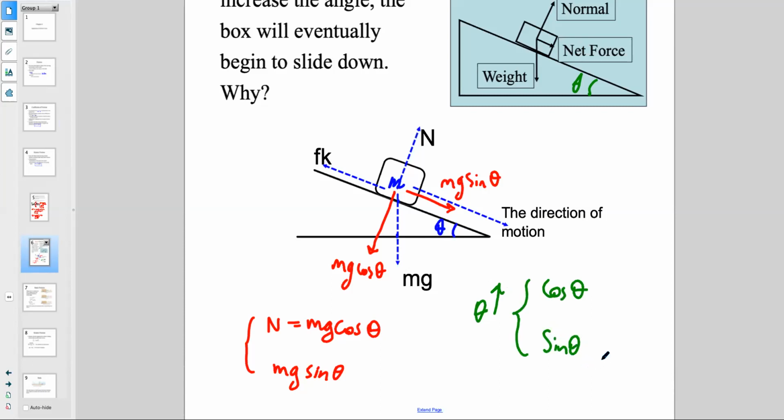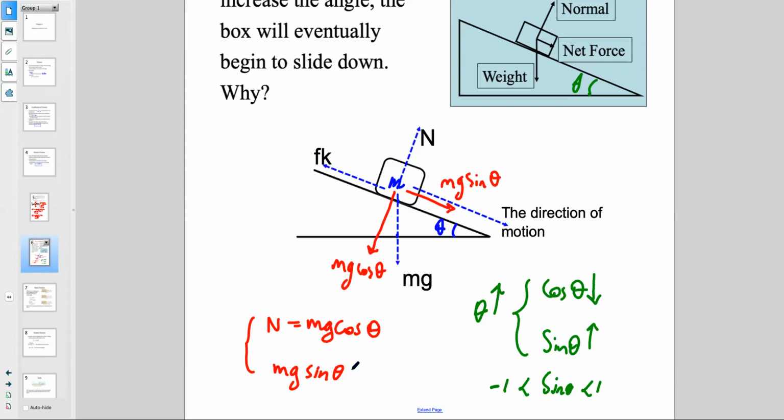When theta is increasing, the sine of theta is also increasing, okay? As we know, sine of theta is always between 1 and -1. So when theta is increasing, the sine is increasing. But when theta is increasing, the cosine is decreasing.